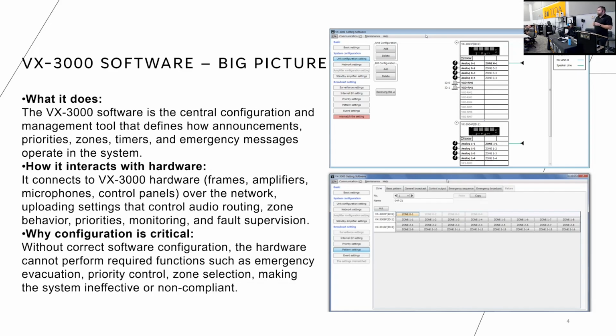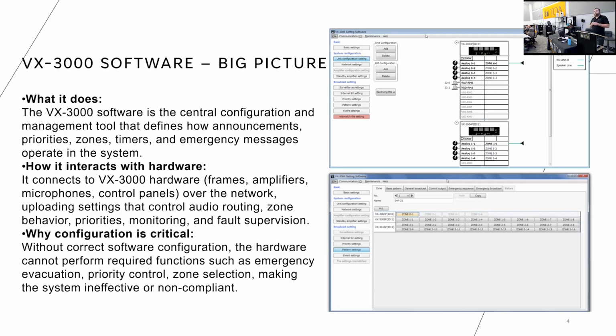It interacts with the system through a network connection with the frames, which, as we discussed in the first part of the session, along with control panels and microphones. It will also allow you to do routing and enable zone behavior, depending on the requirements.